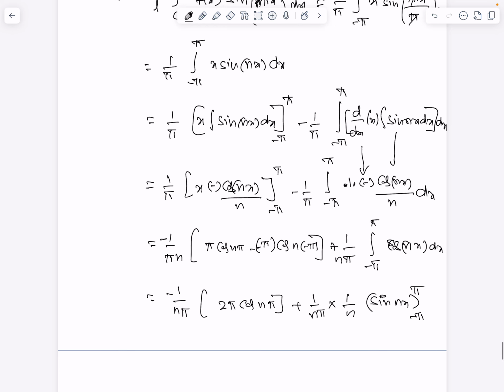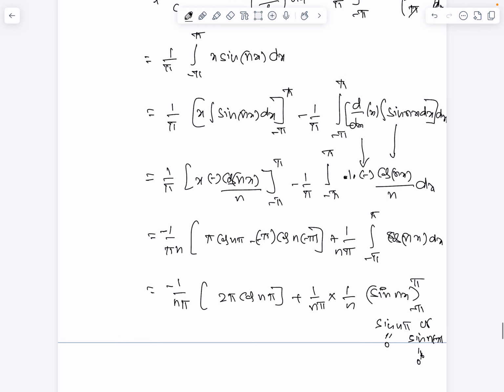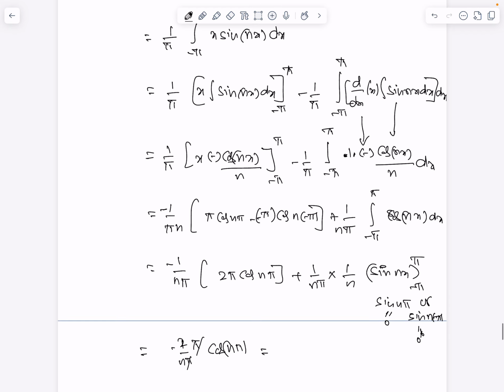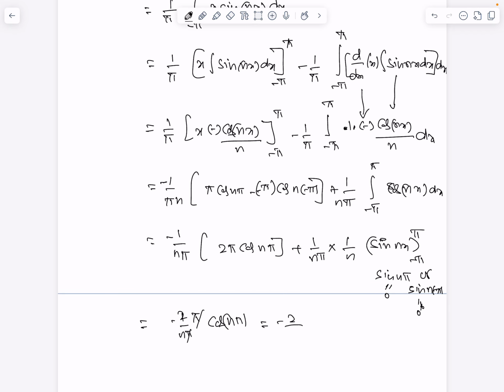So in both cases, sin n pi or sin of minus n pi, both are 0. This is 0, this is 0. Hence you have only the first term, that is minus 1 by n pi times 2 pi cos n pi, where pi cancels, which is equal to minus 2 by n cos n pi.